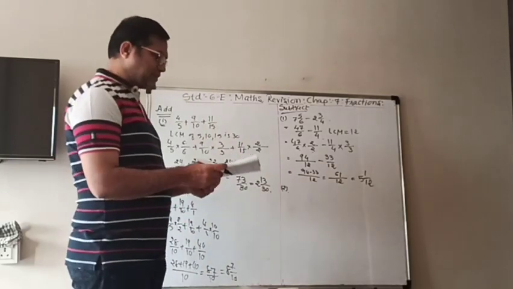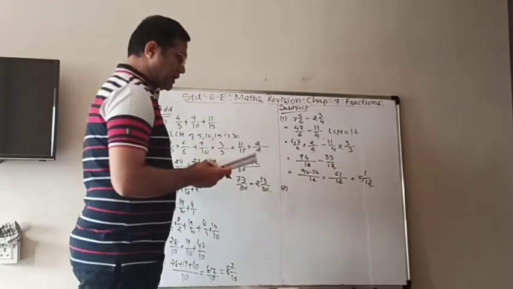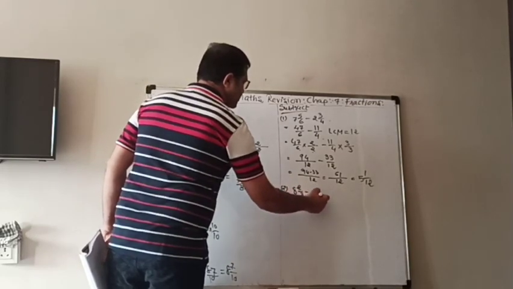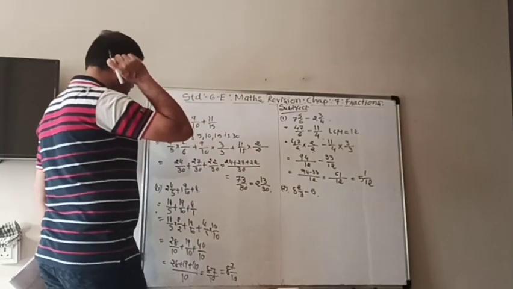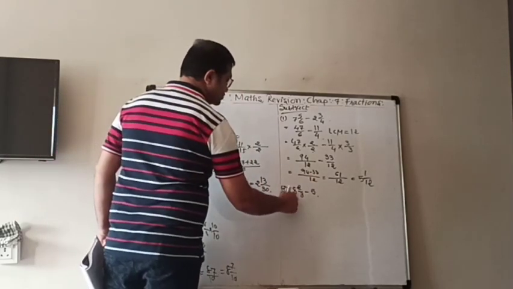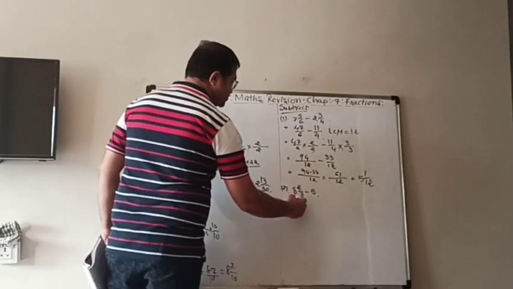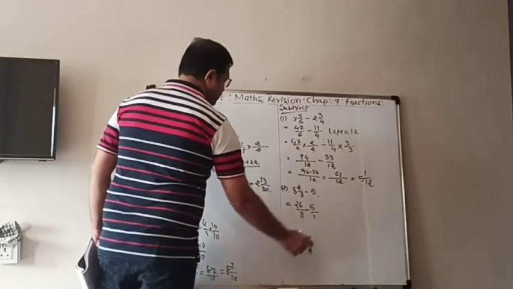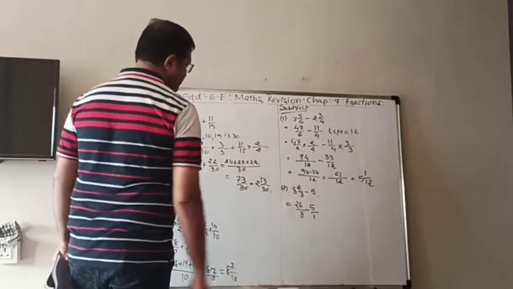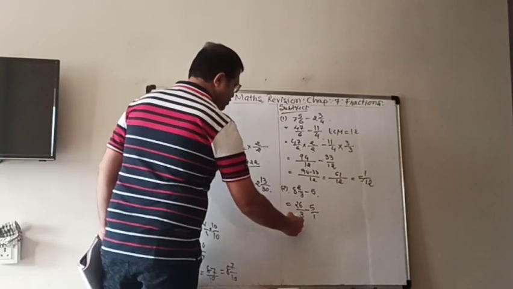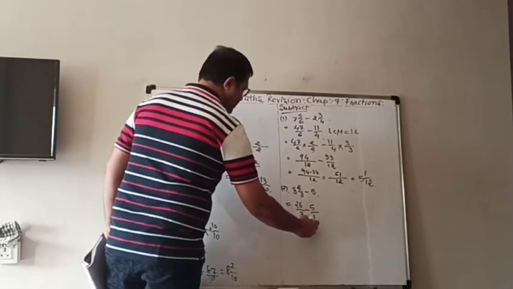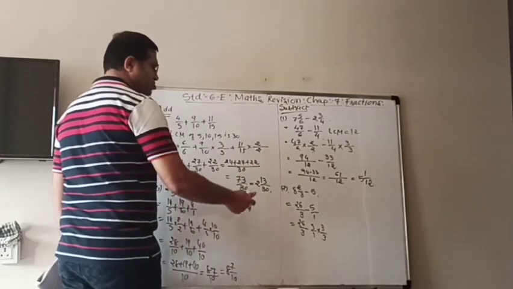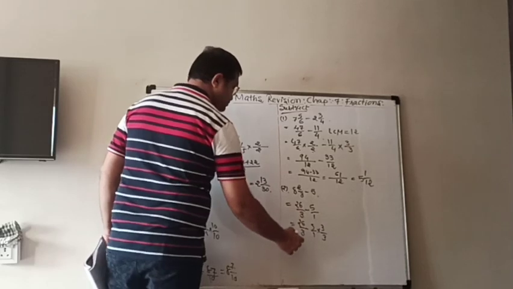Let us take one more example. 8 integer 2 by 3 minus 5. So 8 3s are 24 plus 2, 26 upon 3, minus nothing in the denominator, you can put 1, and LCM will obviously be 3. So 26 upon 3 minus 5 into 3 upon 3, because we have to bring 3 here.